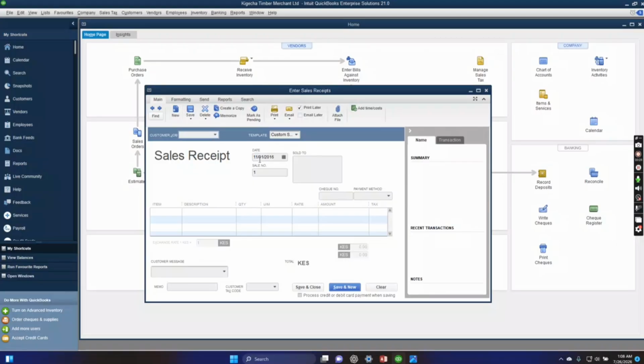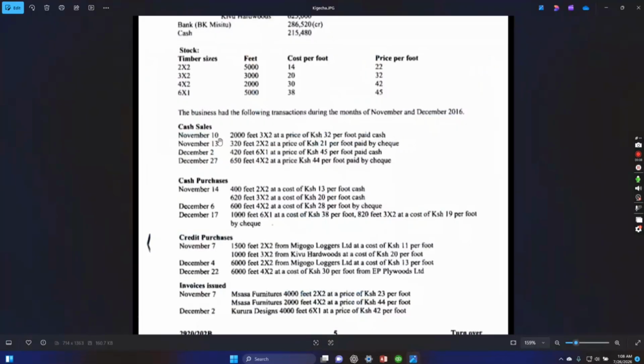Choose on date 10. Then the payment method was by cash on this one. So we had 2000 3 by 2, the price of 32.